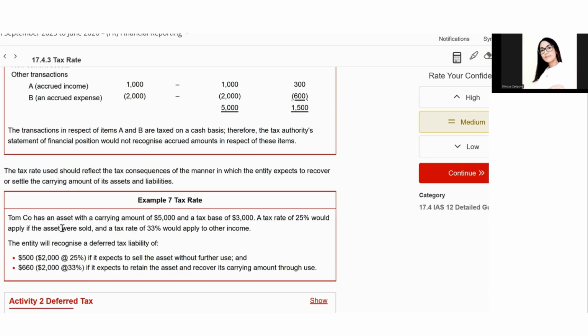So for assets that were sold, they would apply 25%. That's why you need to divide. The one related to the assets, when they are sold, 25%, and for other income, 33%. But these ones will be given for you, of course. So that's why for the assets, you are applying 25%.